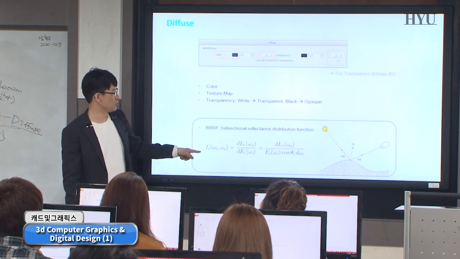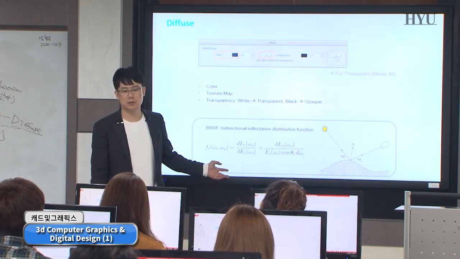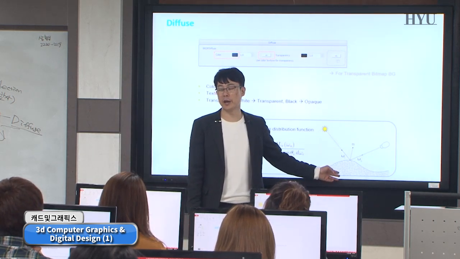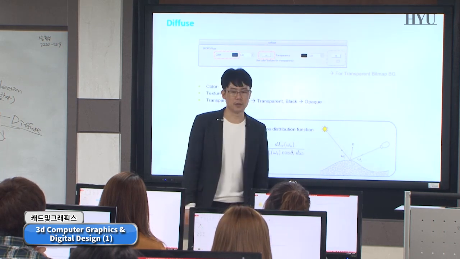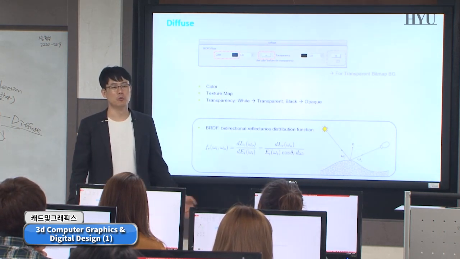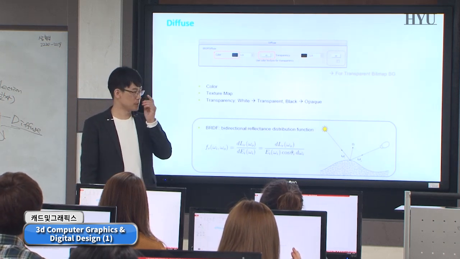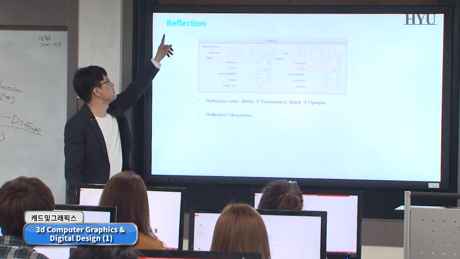BRDF, take a look. A very complicated looking equation. This is the mechanism of ray and object interaction in the real world as well as the computational world. Next one is reflection.